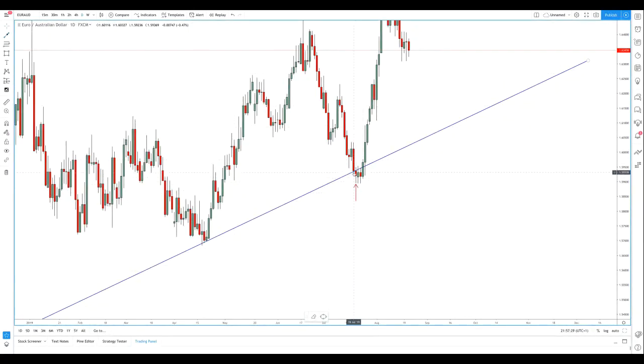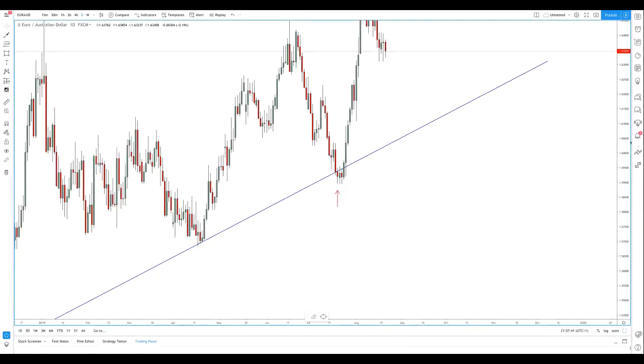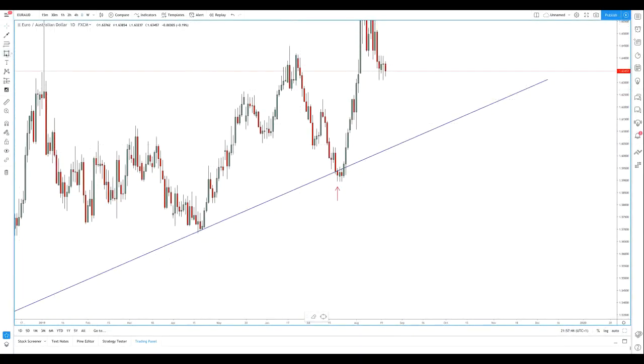You can see here, this candle here, we've sat just above the trend line. The next candle here, we've broken out. We've attempted to break out of this major weekly trend line. The breakout strategy here is that we highlight this breakout candle. So you can see here, we highlight this.